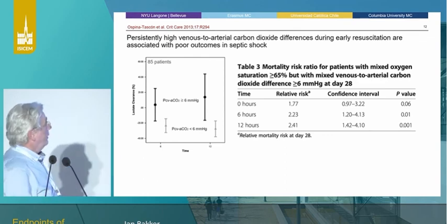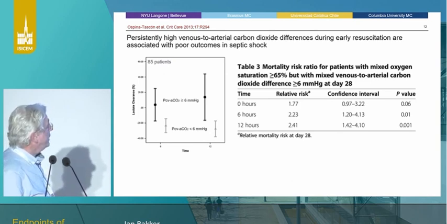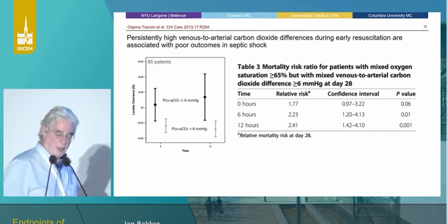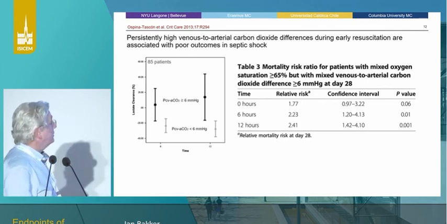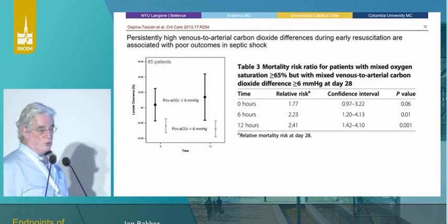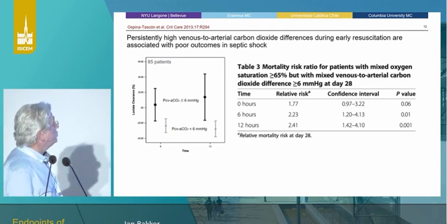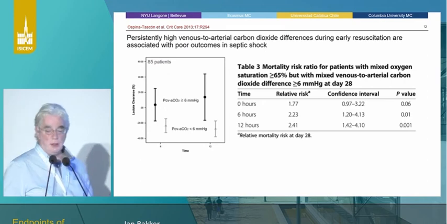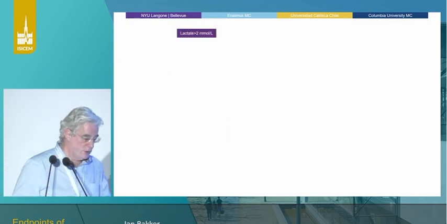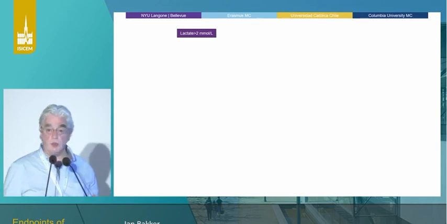And as you might expect in the early phase, patients with a normal delta PCO2, so normal flow, decreased their lactate much faster, much more significantly, 20 to 40%, whereas the hypoperfused have much lower or hardly any clearance or change in lactate levels. And this was associated with mortality as well.